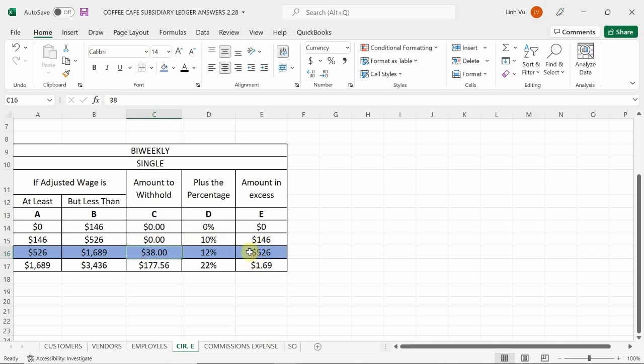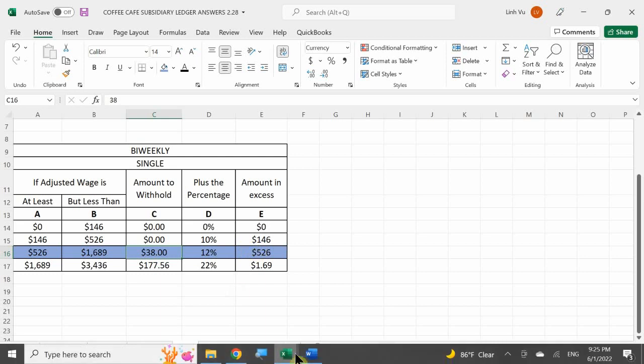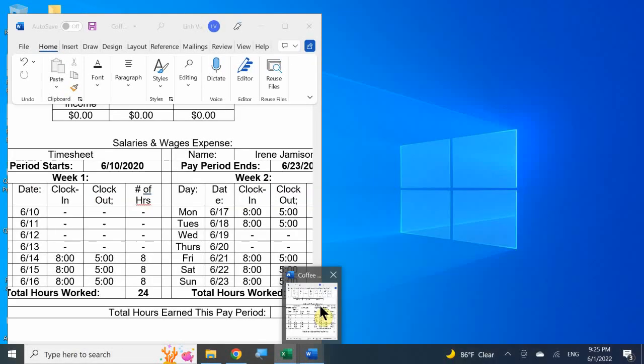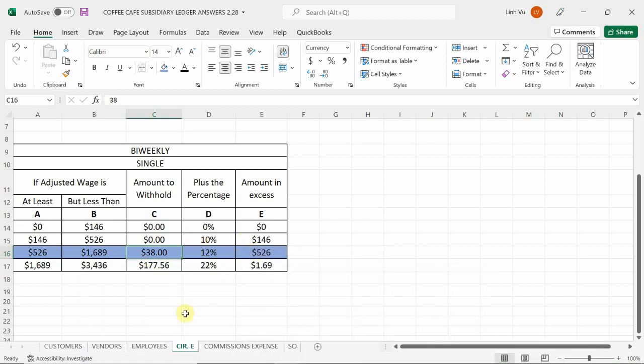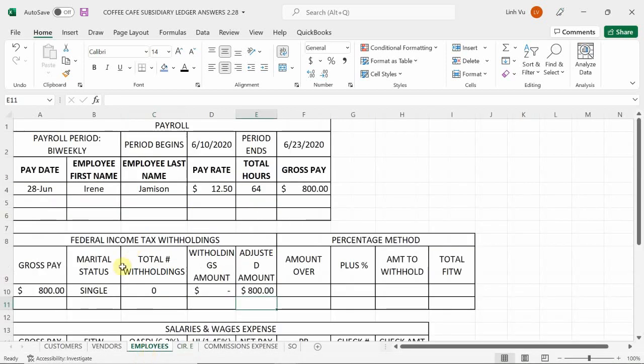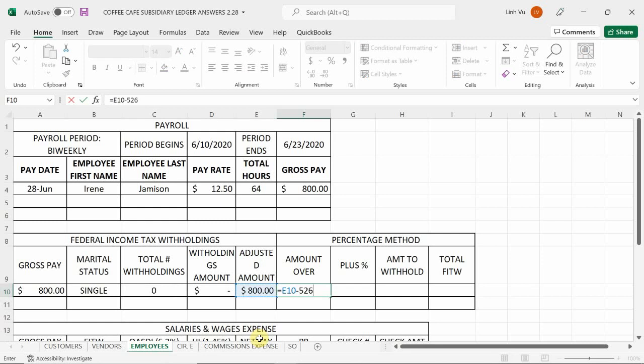So she gets to keep $526. Let's calculate how much money over she would be. We can calculate it right here. The amount over is going to be $800 minus $526. She's earned $274 over, so she's going to get taxed at that 12%.